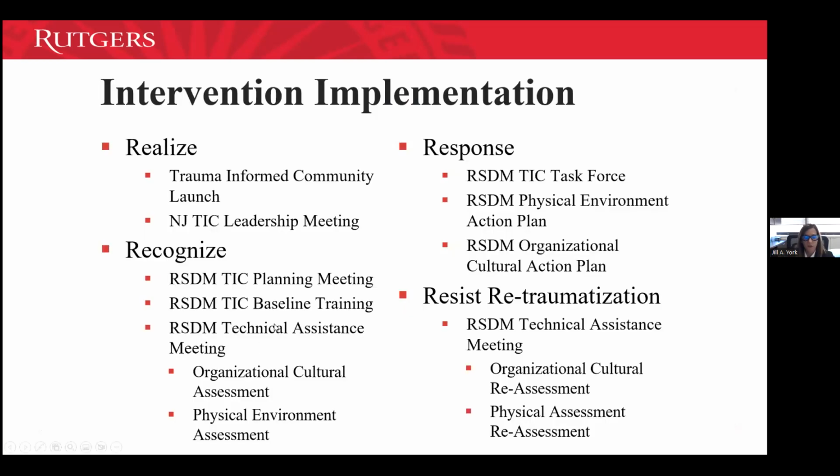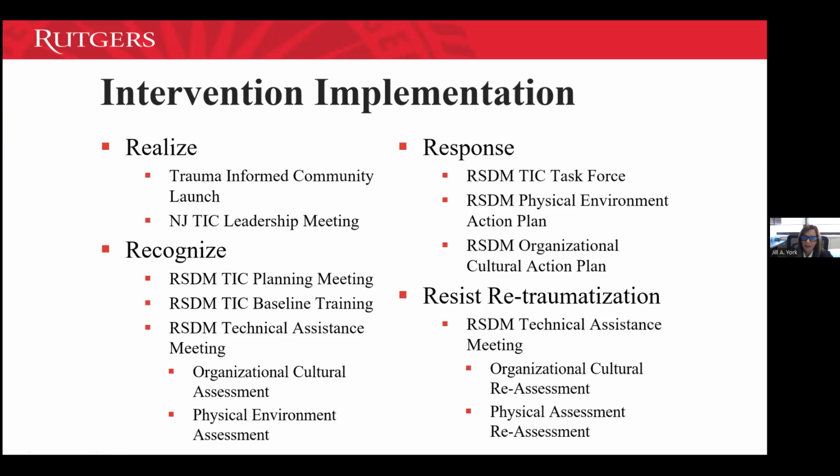So what did we do? Again, we're not the experts. We're deferring to others. And there are the 4 R's that have been identified. And the assumption is that when you do this, you will have a trauma-informed approach. So we really wanted to realize that trauma is widespread and that we needed to understand the potential paths for recovery.